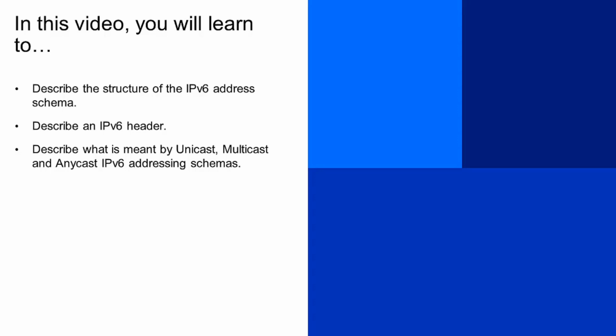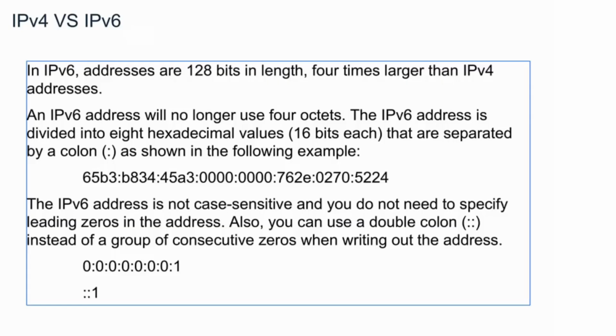In this video, you will learn to describe the structure of the IPv6 address schema, describe an IPv6 header, and describe what is meant by unicast, multicast, and anycast in IPv6 addressing schemes. Let's talk about IPv6.